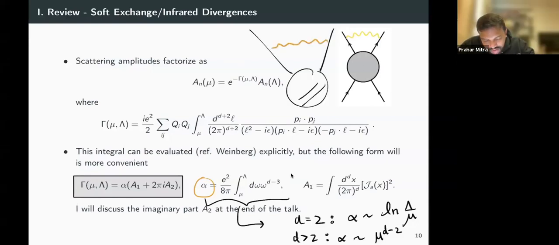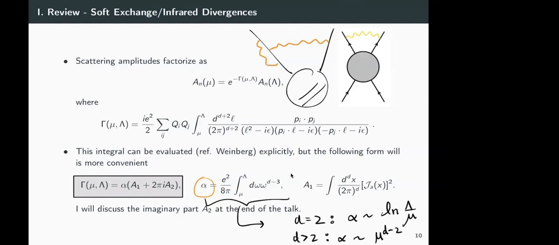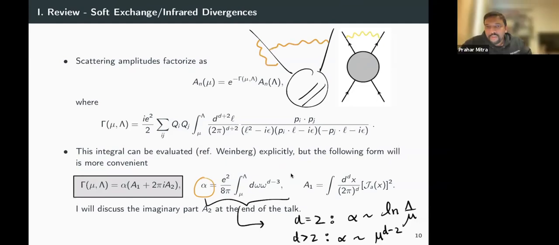I'm assuming that all the UV renormalization has already been done. So if I have a diagram like this, or maybe the vacuum polarization diagram, those will all contribute to renormalization of the coupling constant. So this will correspond to renormalization of this vertex factor. All of that is done. So this E squared that's appearing over here is the renormalized coupling constant.